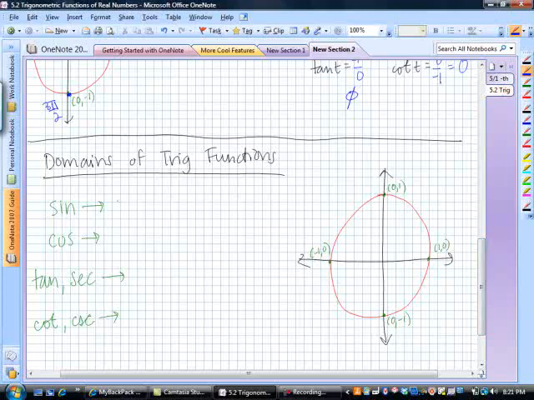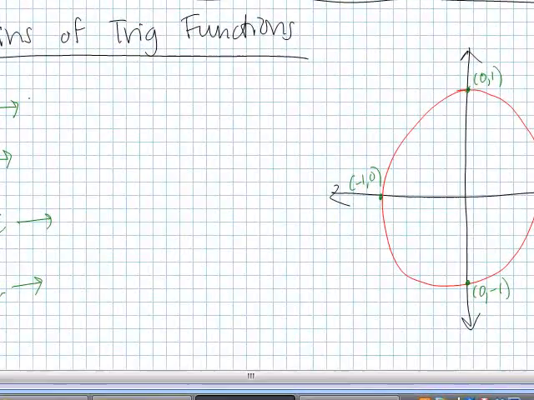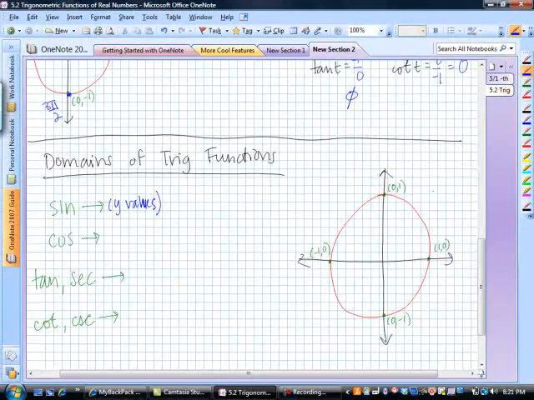Sine, remember, is all of your y values. Is there any place that a y value itself on this unit circle is undefined? Do you see that starting at 0, your y value is 0.